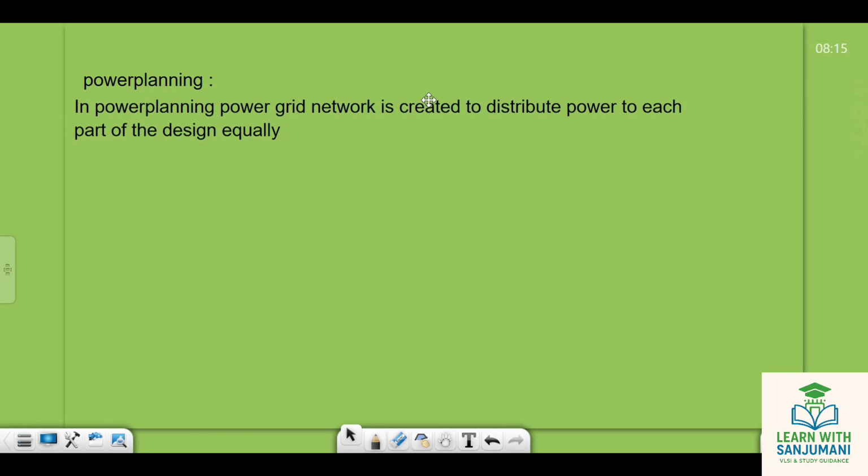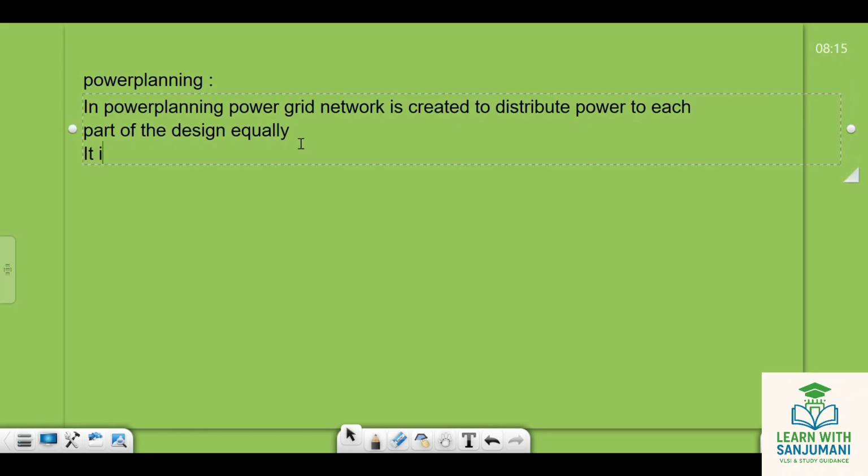Second definition is, it is used to provide power to macros. In our design we have macros and standard cells, right? So power is provided to macros and standard cells within the IR drop limit.